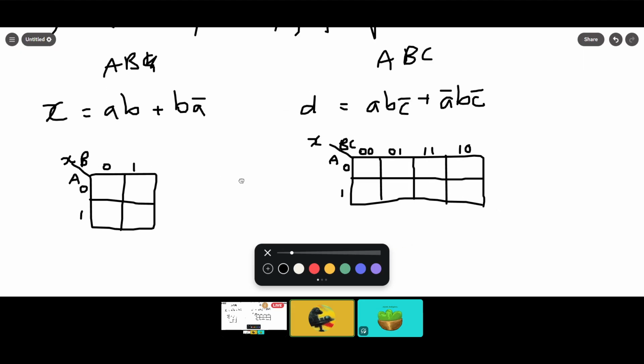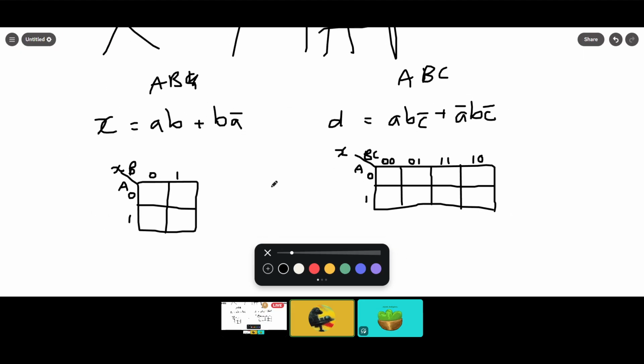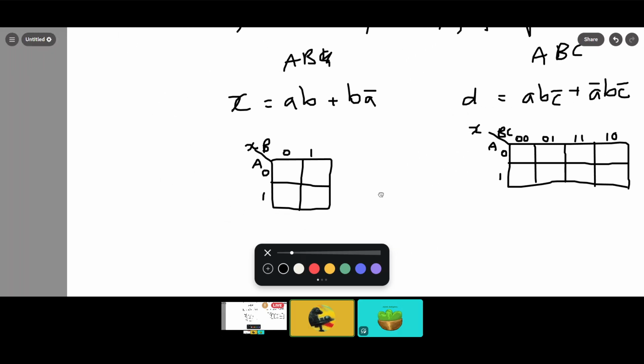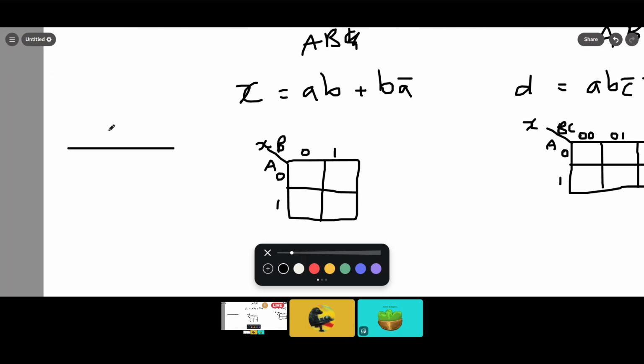You may be asking yourself, okay Nikki, what is the significance of these numbers? Do you remember how in a truth table, let's say you got A and B, 0 represents when A is 0, 1 represents when B is 1, and when you combine these you get X is 1. So in this case, A is 0, B is 1, X will be 1.